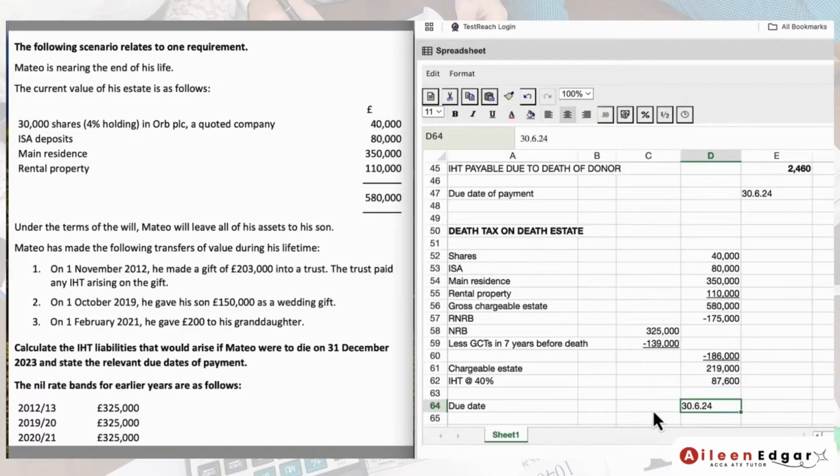So for your death estate, the tax is going to be due the earlier of 6 months after the end of the month of death, which is 30th of June 24, or on delivery of the actual accounts to HMRC, if for some reason that was a different date. It's going to be the earlier of those two dates, but more commonly you're going to see just the 6 months after the end of the month of death.